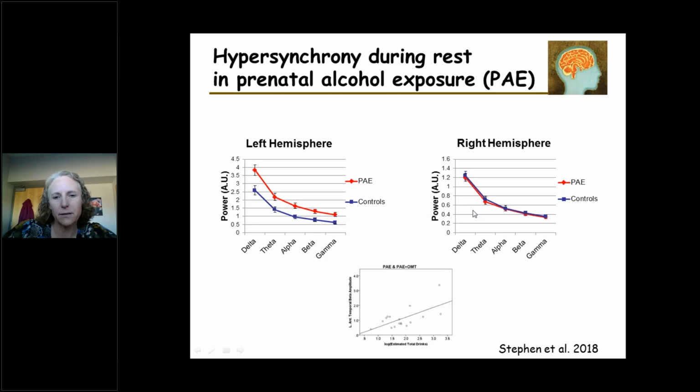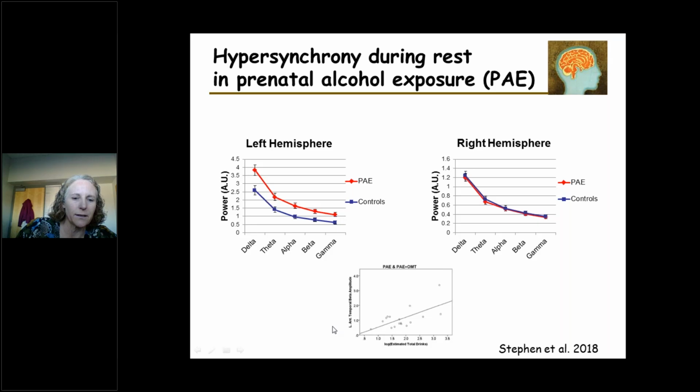So this is consistent with some really early EEG work that was done in kids who had been exposed to alcohol prenatally, but that was never followed up. So this is consistent with the prior literature, but this hemispheric effect had not been reported with the previous EEG studies. And the other thing that we reported with this study is that there was a dose effect.